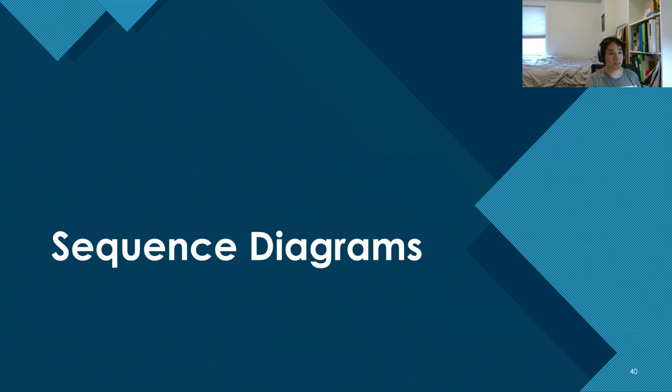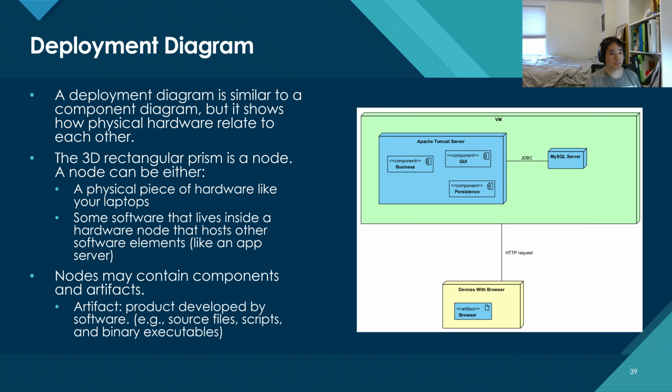Can you just specify what the connection with the HTTP request does between the VM and the browser? Oh, you mean the little line? You mean the interaction between the browser and the VM? Yeah. So the browser wants to perform some request to the app.